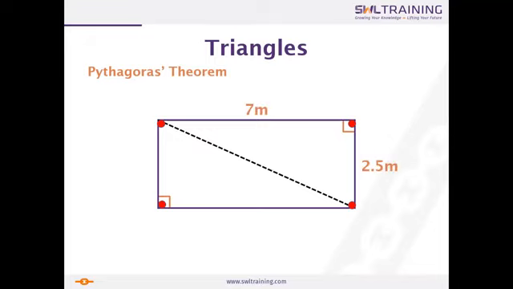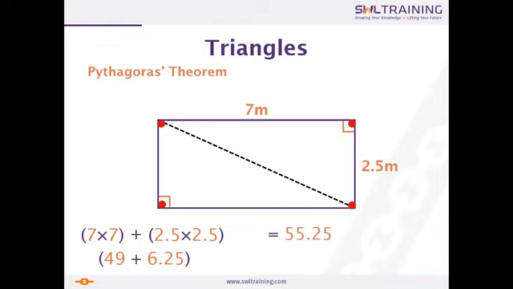Let's consider then we've got 7 metre length and 2.5 metre width. So, of course, 7 times 7 plus 2.5 times 2.5. That gives us 49 plus 6.25. And the result of that being 55.25. So we've now got the square area created by the hypotenuse.